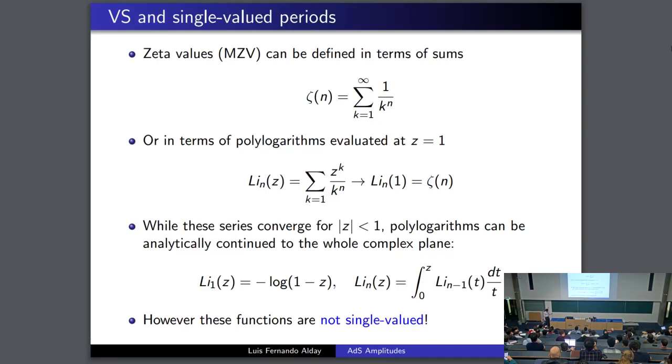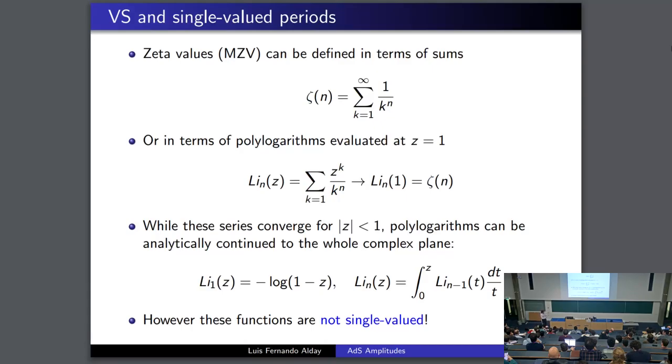we know very well that polylogarithms can be analytically continued to the whole complex plane. And for instance, Li1 of z defined like this is just minus the logarithm of 1 minus z. And by this integral representation, you can analytically continue them to the whole complex plane. Of course, the price that you have to pay is that these logarithms are not single valued, okay?